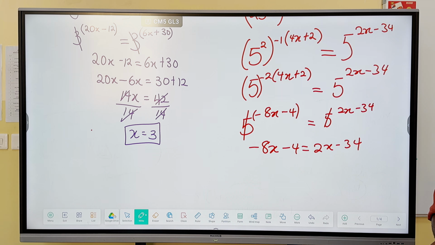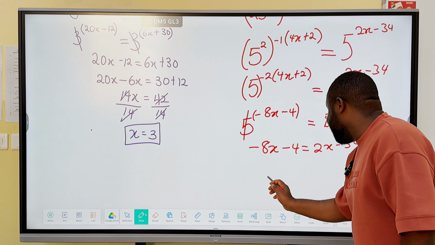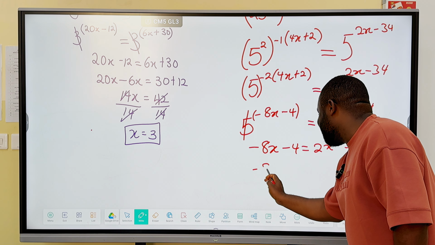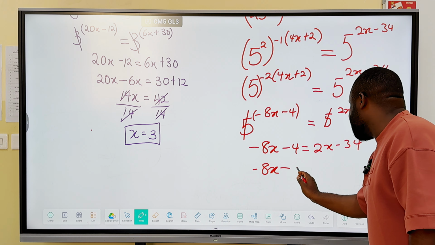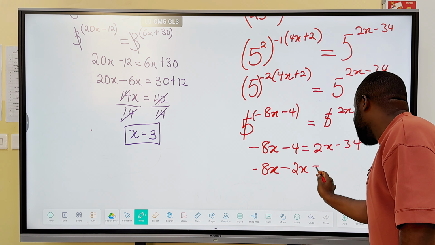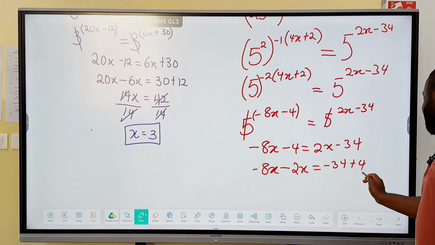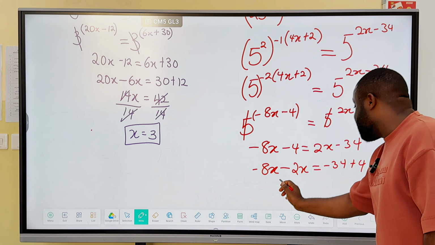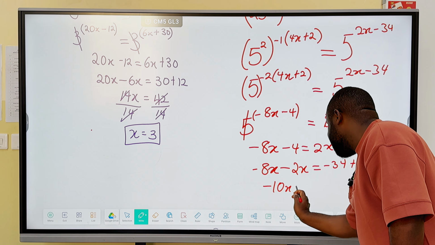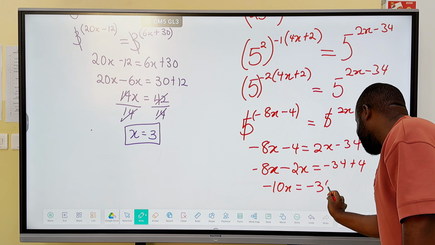You can find the value of x just the way we used to do. You can easily say negative 8x minus 2x equals negative 34 plus 4, because you're taking this negative 4 to the right hand side. This gives negative 10x equals negative 30.